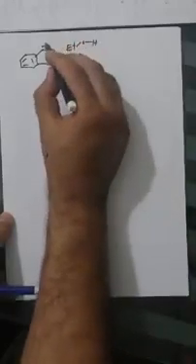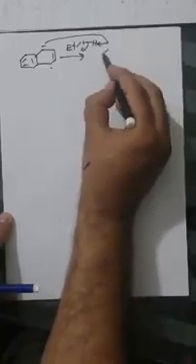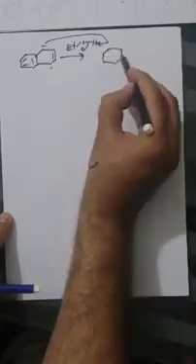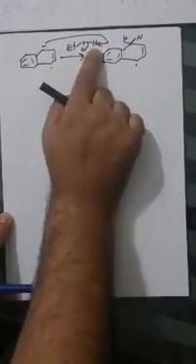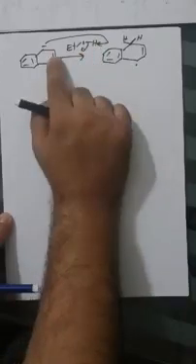If you judge which resonating structure was most stable, this carbanion will abstract hydrogen from the polar protic solvent.